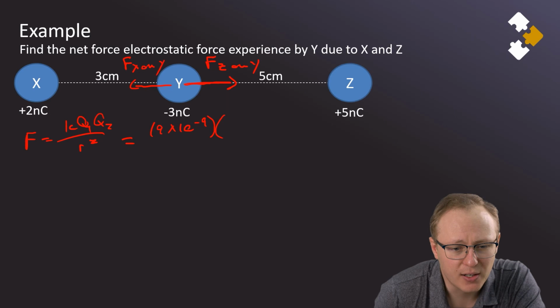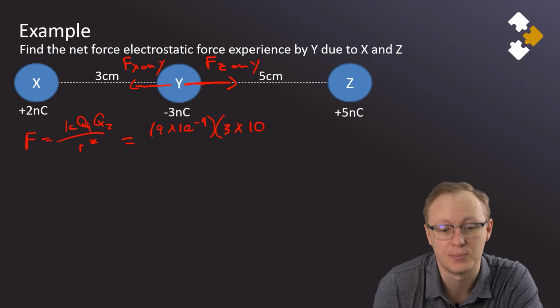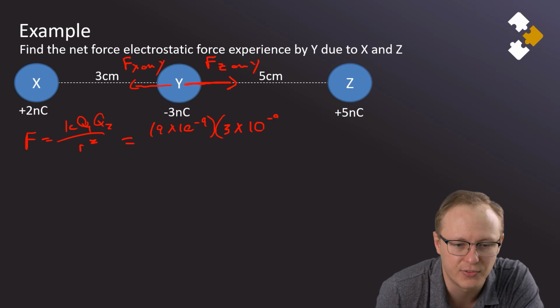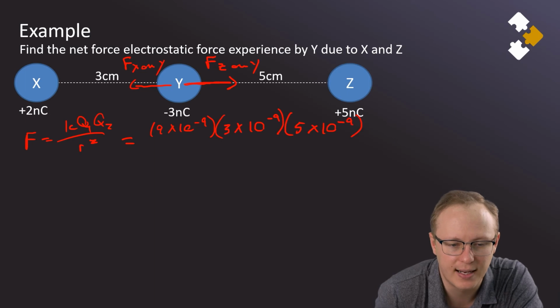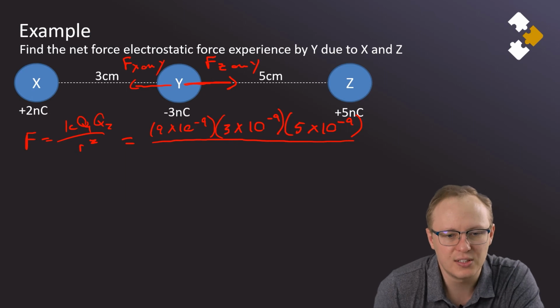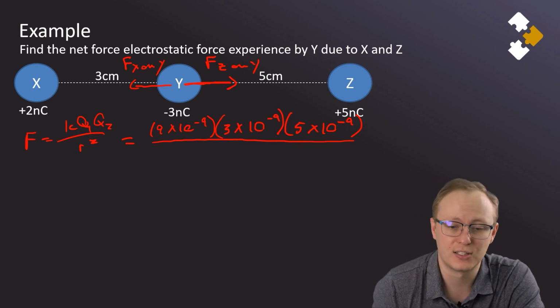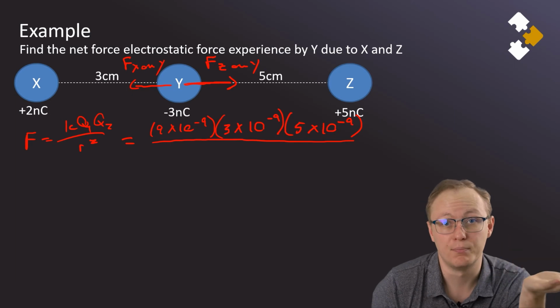Okay, so I'm going to go here and say 3 times 10, and then we've got nanocoulombs, right? And we said that's going to be times 10 to the negative 9. And then for Z, I've got 5, and then again nanocoulombs times 10 to the negative 9, and then I've got to go divide, right? So the distance between these two things is given as 5 centimeters, but we recall that we need to put it into meters, right?